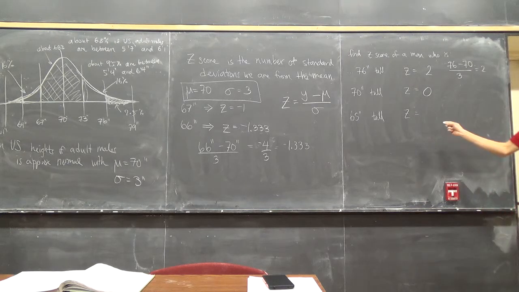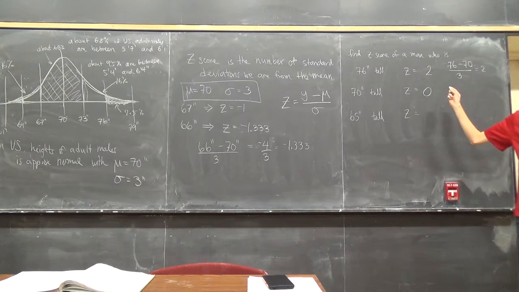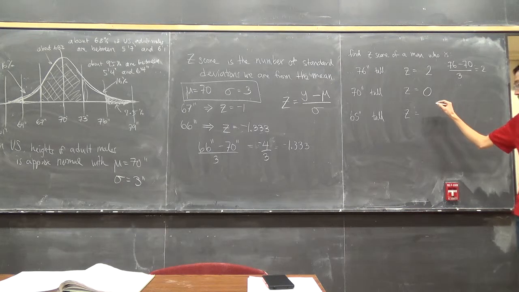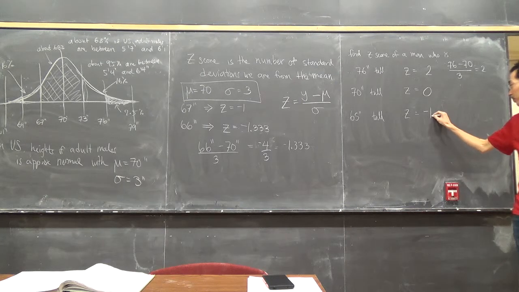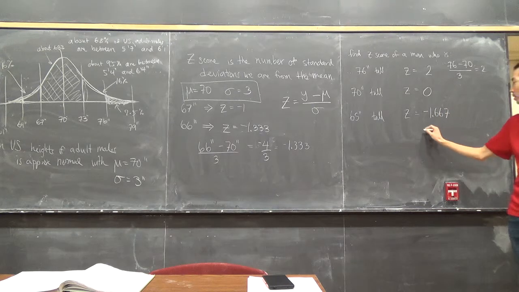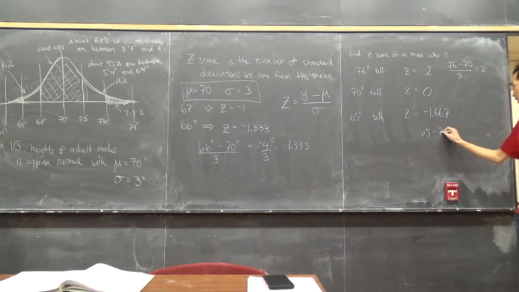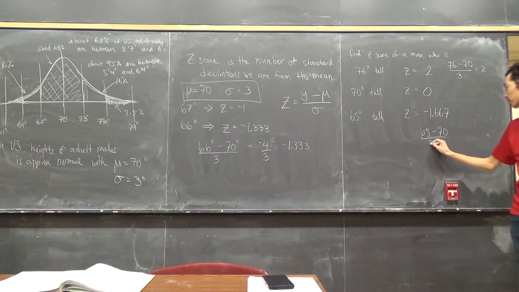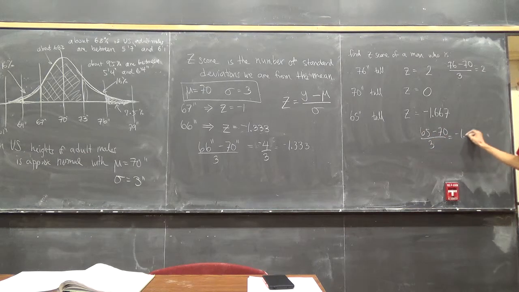So if a man is 70 inches tall, how far is he from the mean? He's 0. He's right at the mean. So his z-score is 0. And this one would be negative 1.667, or whatever you round off to. 65 minus 70 gives you negative 5. You divide that by 3. Negative 1.667.